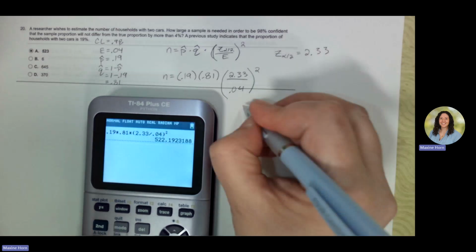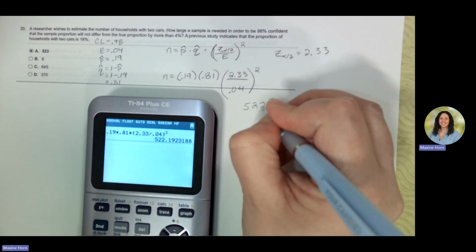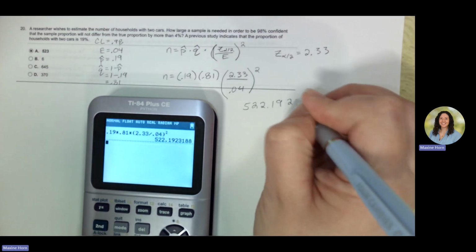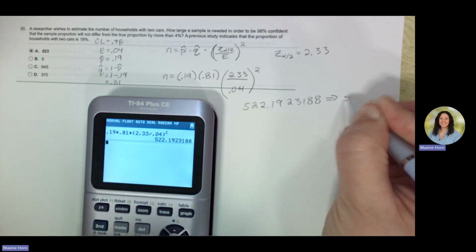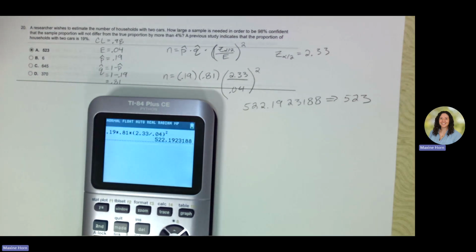Okay, and again, 522.1923188. What do we do with that? We go up to the next whole number because I can't have 0.19 of a person, and the only way to guarantee that I've met or exceeded that threshold is to go up to the next whole number.